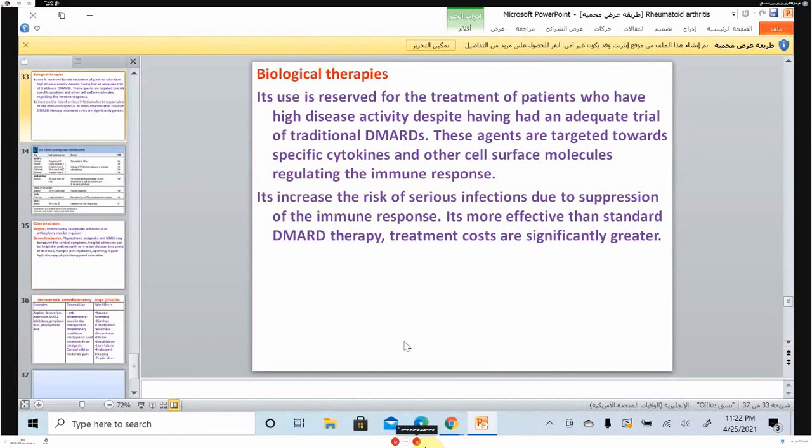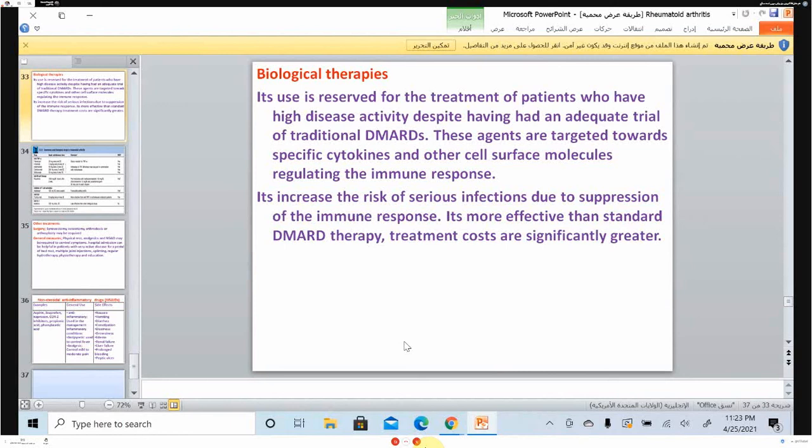Biological therapies are reserved for the treatment of patients who have high disease activity. As we said, here we rely on the DAS28 to see whether we need it. It is reserved for treatment of patients who have high disease activity despite having an adequate trial of traditional disease modifying anti-rheumatic drugs.